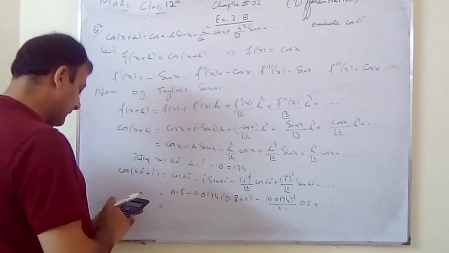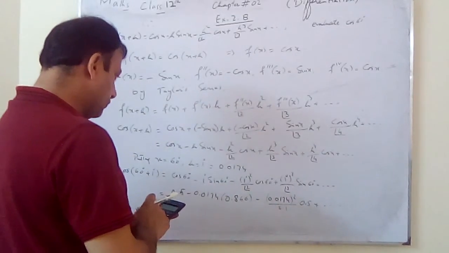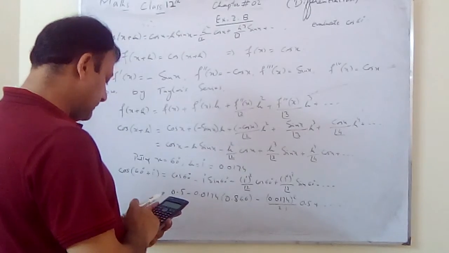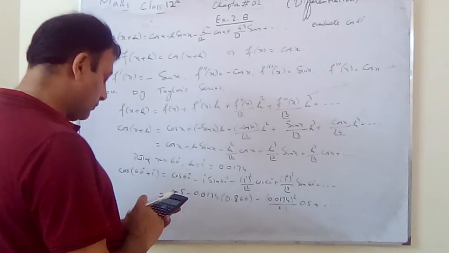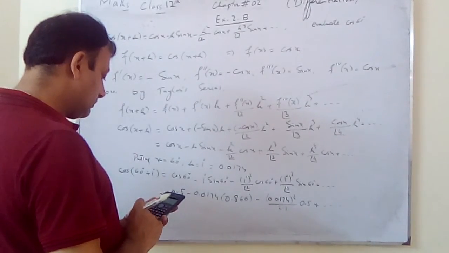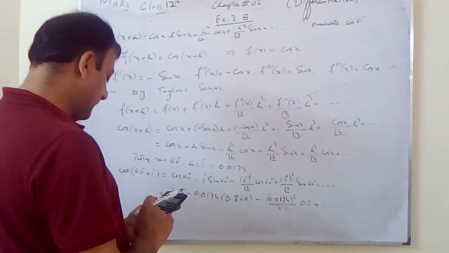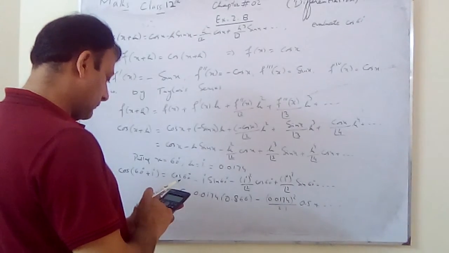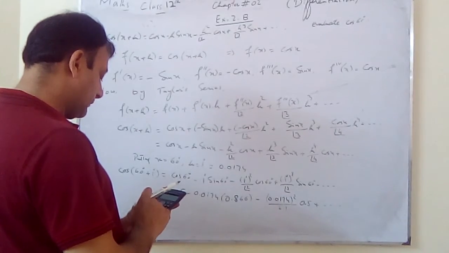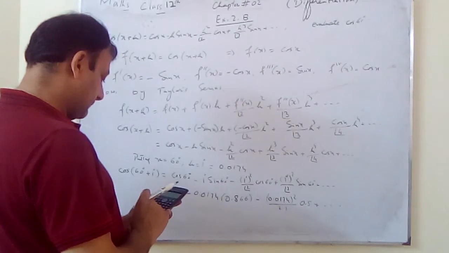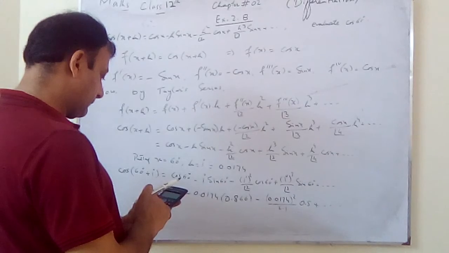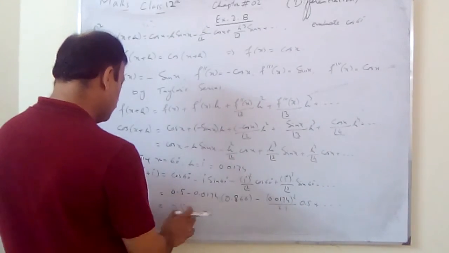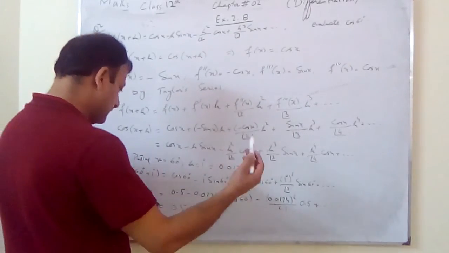If I write 0.5 minus 0.01745 into 0.866 minus 0.0174 square into 0.5 divided by 2, the answer we have is around 0.5000001, something like this.